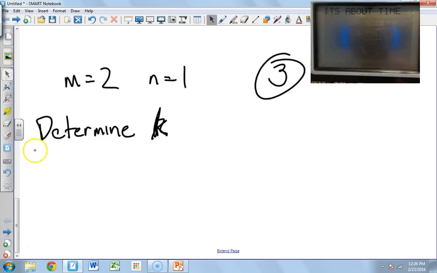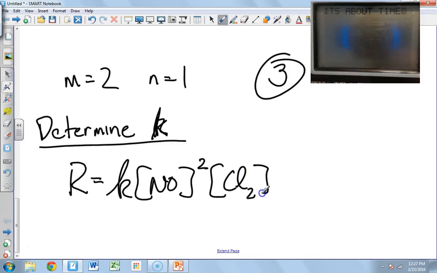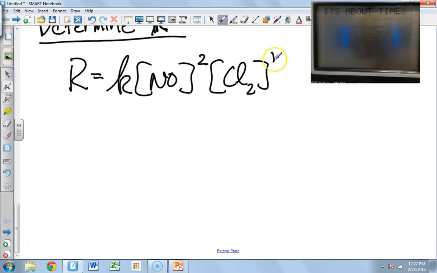So if I'm going to determine K, now I use the rate equation. R equals K, concentration of NO, what was the power? 2, concentration of Cl2 raised to the first. Now I am always going to write a to the first there because I want everybody to know that I calculated it and it came out to be 1.